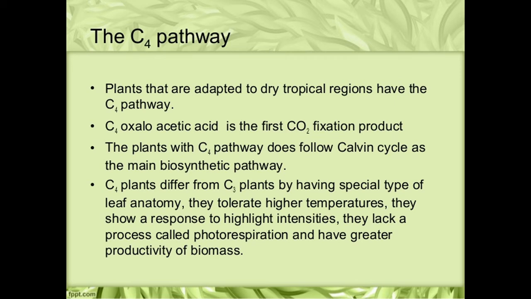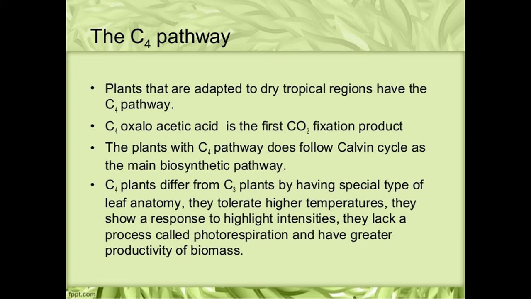Since the products of CO2 fixation are four carbon compounds like oxaloacetic acid, malic acid, and aspartic acid, the plants exhibiting this pathway are called C4 plants. As Hatch and Slack identified this pathway, it is also known as the Hatch and Slack cycle. And this Hatch and Slack cycle operates in subtropical and tropical grasses and in some dicotyledons too.